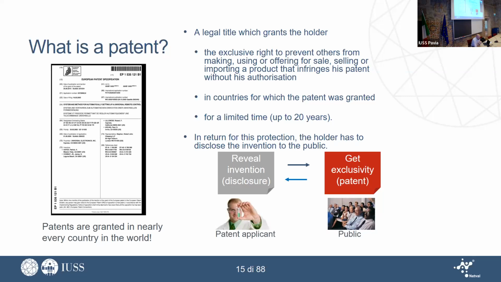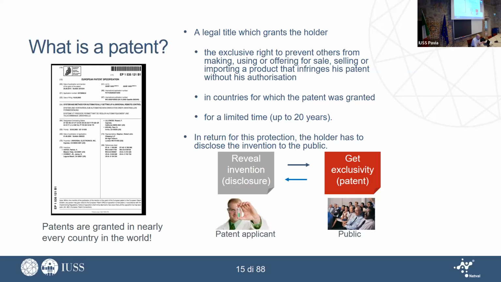The applicants and the patent owners are interested in benefiting personally, of course, from their invention, and they have the right to prevent others from making, using, offering for sale, selling, importing, or distributing a product that could infringe their patents.